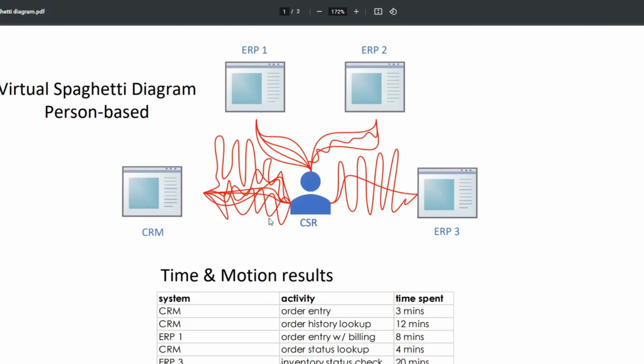But what this brief picture might tell you is, even though this customer service person's name is maybe Betty, and maybe Betty really complains because she has it in her head that ERP takes a long time to do inventory status checks, it might be worth more to improve the efficiency of Betty using the CRM, just because there's a lot more volume here.